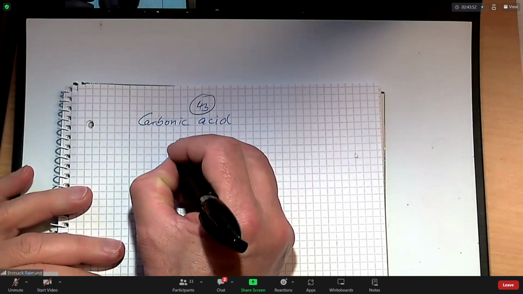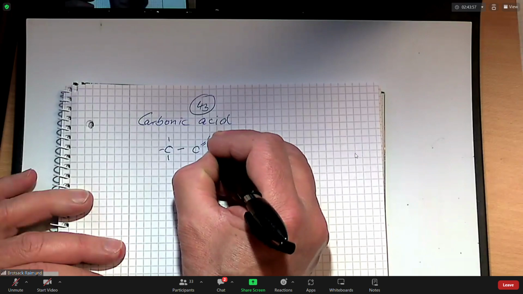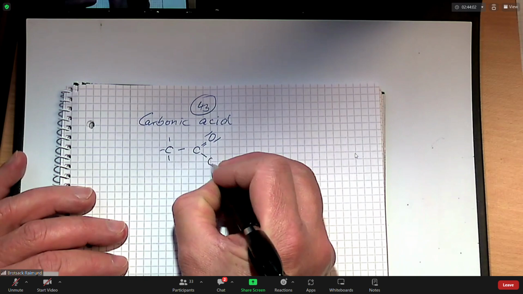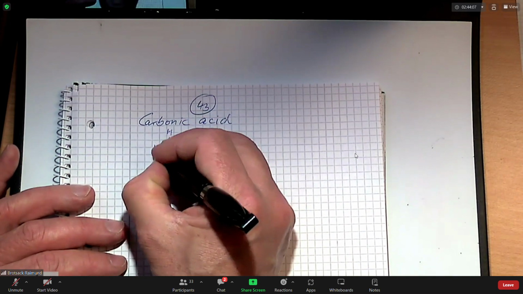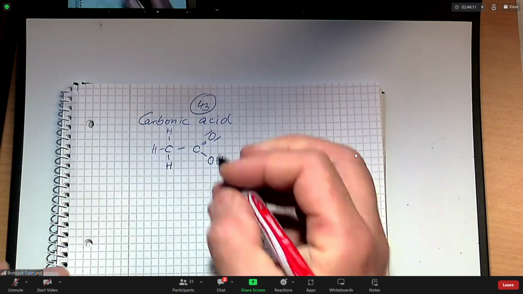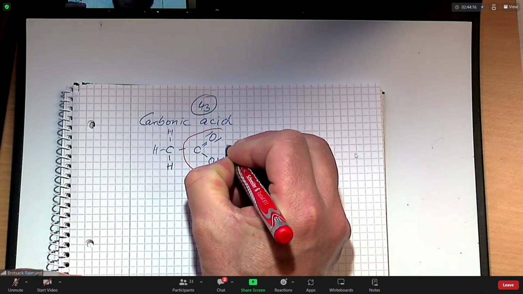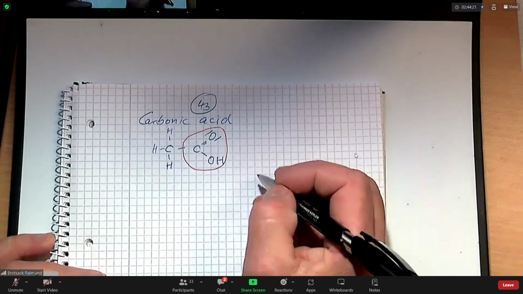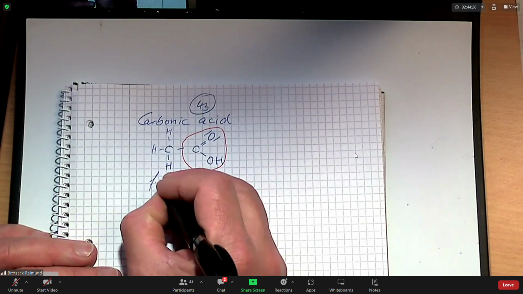And this is CH3. And then we have the carbonyl function at the end, but not a hydrogen. We have a hydroxide here instead of a pure hydrogen atom. And when we have the carbonyl and the alcohol function at the end of a hydrocarbon molecule, this is a carboxylic acid. And in this case, it is acetic acid.